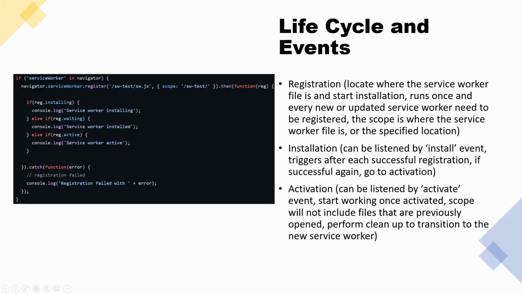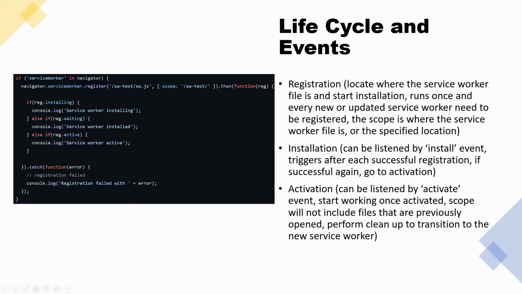For example, if your service worker.js is in the root folder, then the scope is the root folder. The next step is the installation step. This step can be listened to by an event listener using the install event. This event triggers after a successful registration. If the installation is successful, it goes directly to activation.